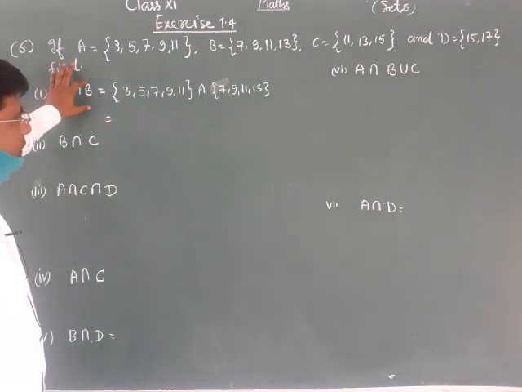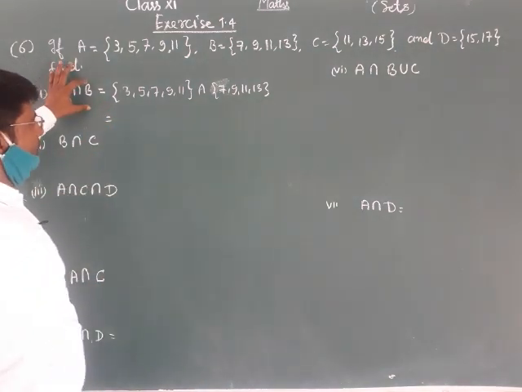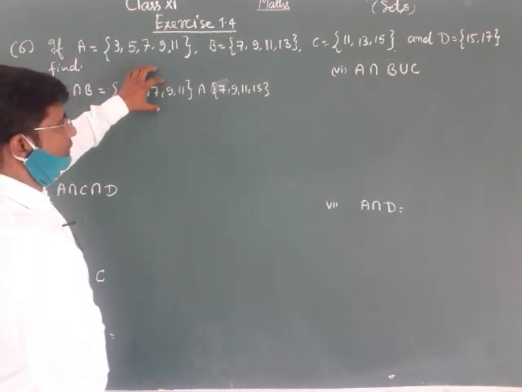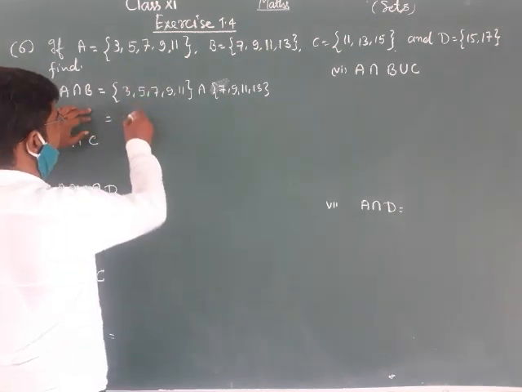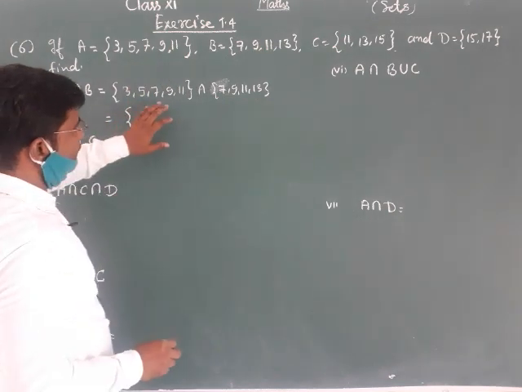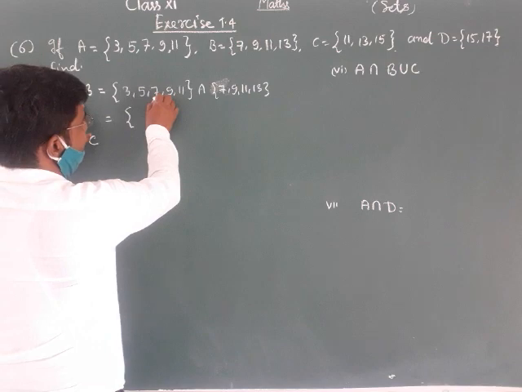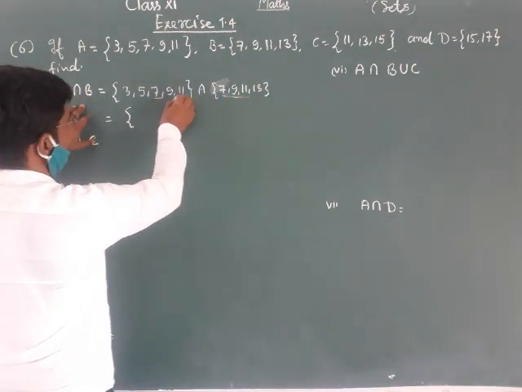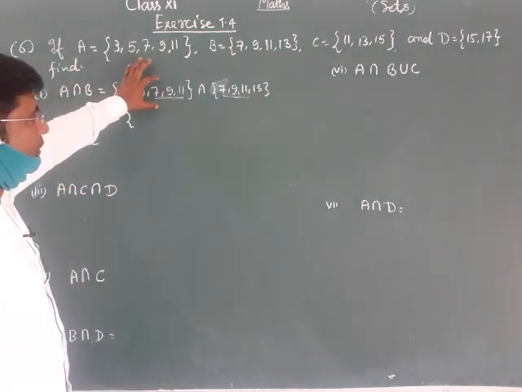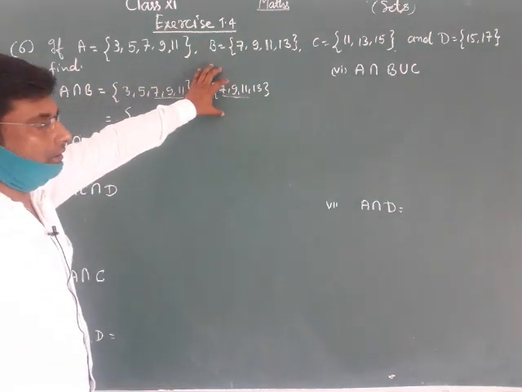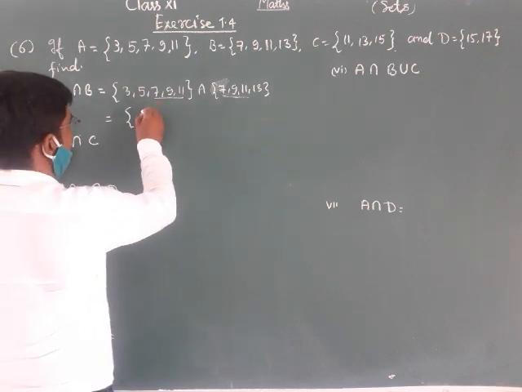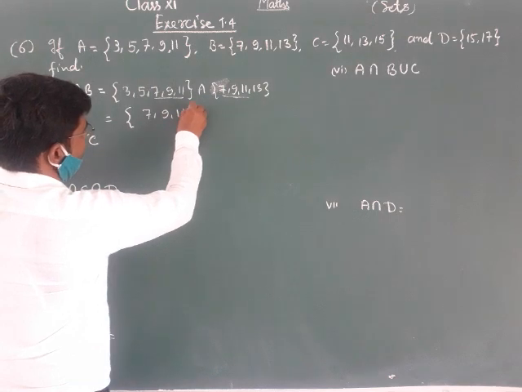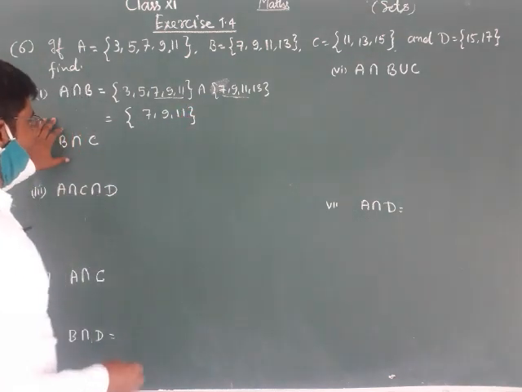For A intersection B, only the common elements of both A and B are taken. So the common elements are 7, 9, 11. This is the answer.